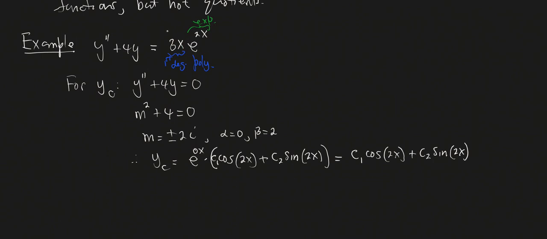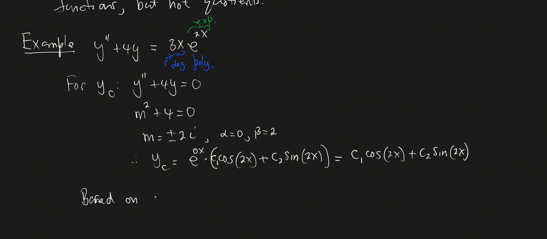So what we're allowed to do in our guess is to say that instead of just having a constant times the exponential, I would have to have the general first degree polynomial times the exponential.